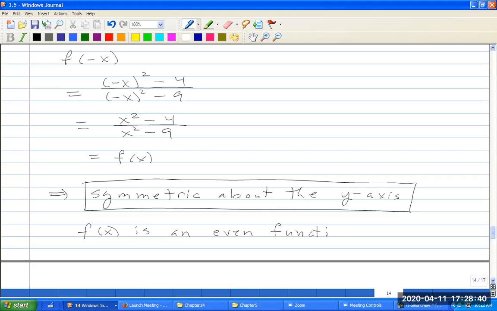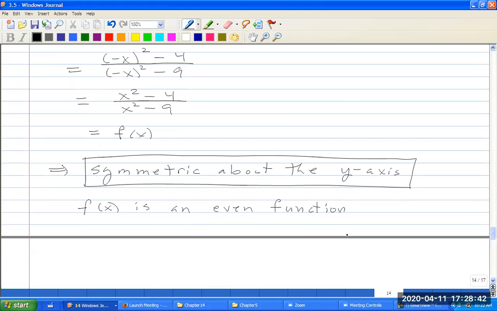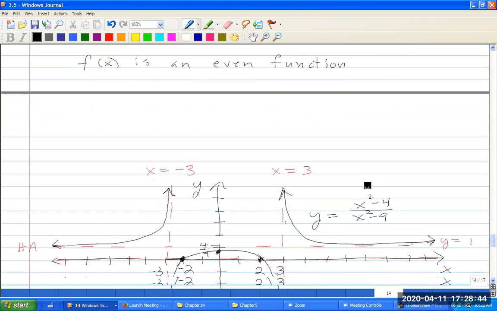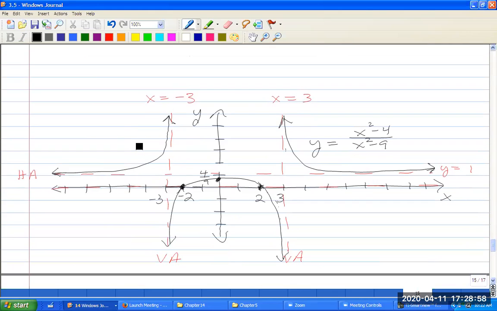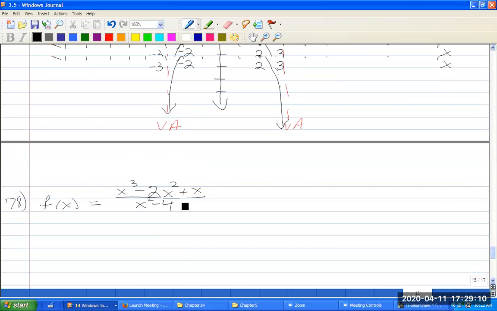We could have seen that it was an even function by just noticing the powers here, 2 is even, x to the 0 is even, 2 is even, x to the 0 is even, they're all even. Therefore, this is an even function, so it's symmetric about the y-axis. So this here should look the same as on the other side. And it does look symmetric. Okay, let's do problem number 78.